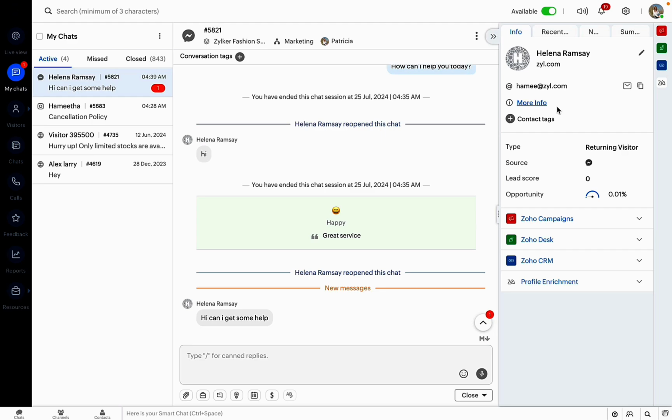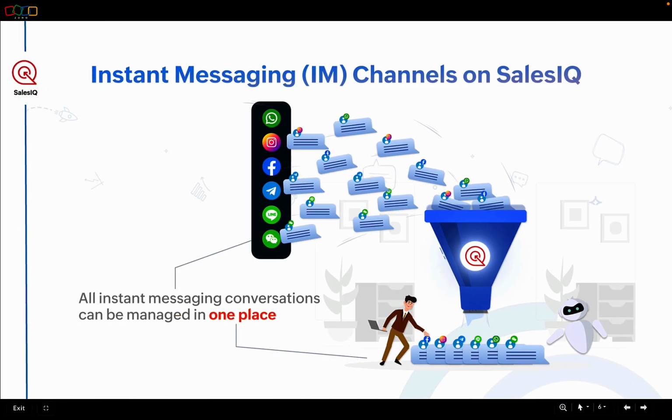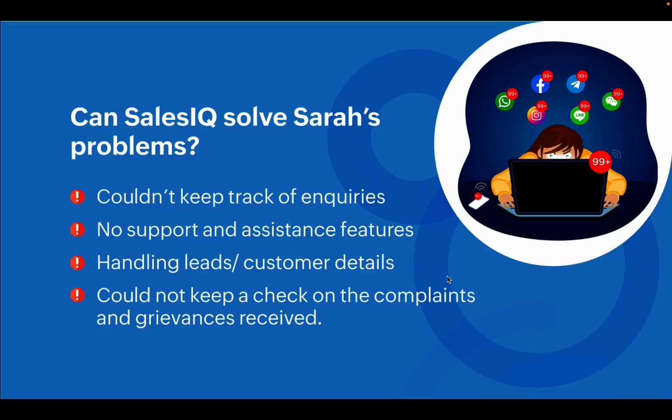Now, to understand this a little better, in the business use case we were discussing, we talked about Sarah's business and how she was running her business on various platforms, and she has majority of her clients coming in from social platforms like WhatsApp, Instagram, and Telegram, right? But now let's break this down a little further. We know that Sarah has started using SalesIQ, but let's dig a little deeper into what problems Sarah was facing to run her business on all these social platforms.